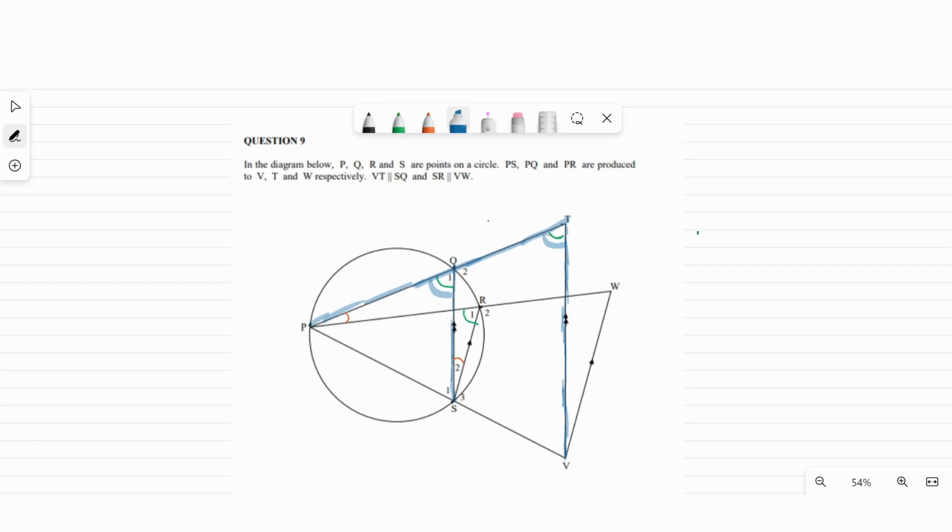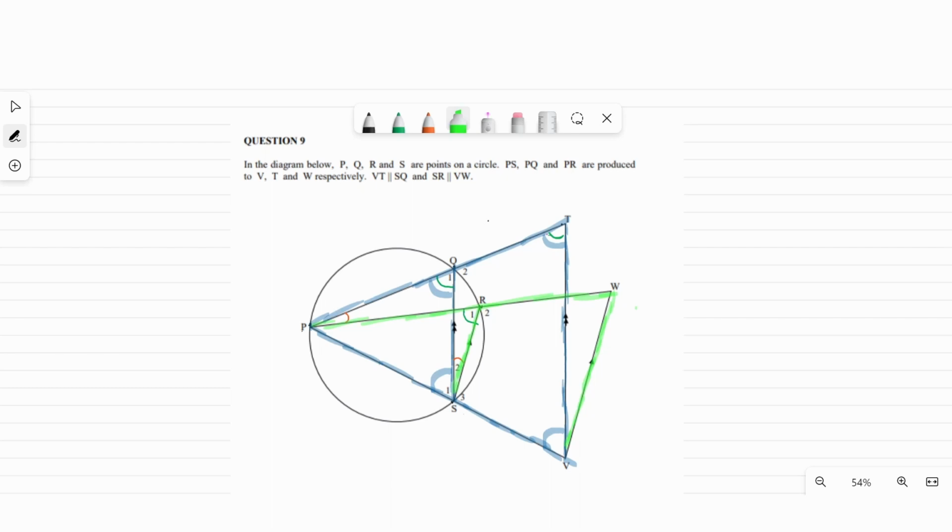And also if I go to the other side and connect it again, we see that we have another F, meaning what? Meaning this angle is equal to this angle. So that's what we know. Then they tell us that SR, which is this one, is parallel to VW, which is this one. If those lines are parallel to each other, we can create an F connecting to W, right?